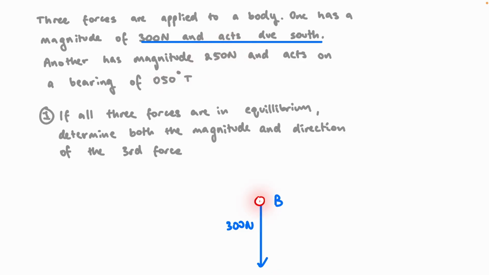Well, relative to this body, if we drew a dashed line upwards to signify that this is north, the angle clockwise from north is what the bearing is. So 50 degrees true from the north would mean you draw a line north and go 50 degrees clockwise. And 50 degrees clockwise is roughly over here, not to scale, but it would look something like this.